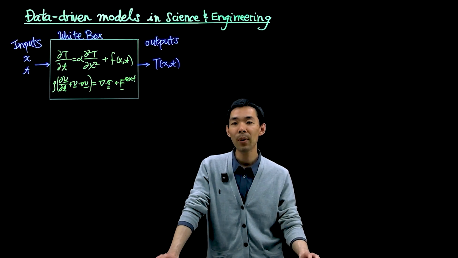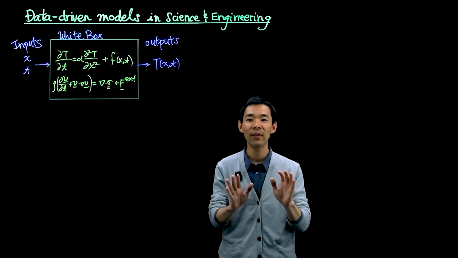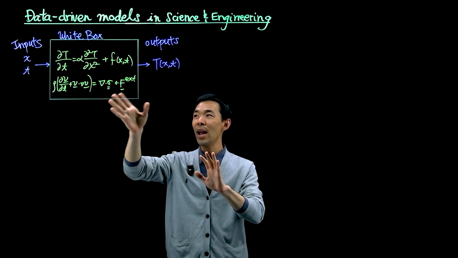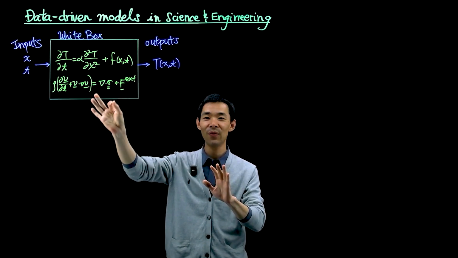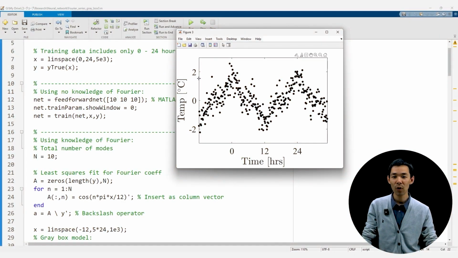Now, let's suppose that we were to take a purely data-driven approach. We're not going to know anything about any of the physics and just take the data over this 24-hour cycle, from time t equals 0 all the way up to time t equals 24 hours, and feed that into a neural network.